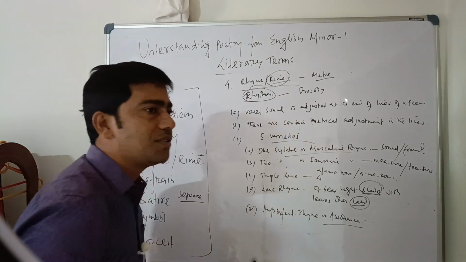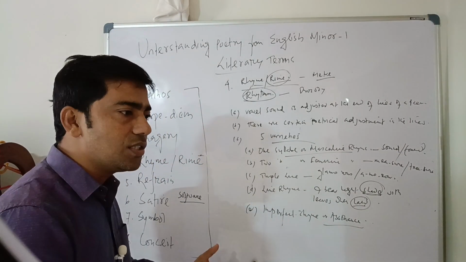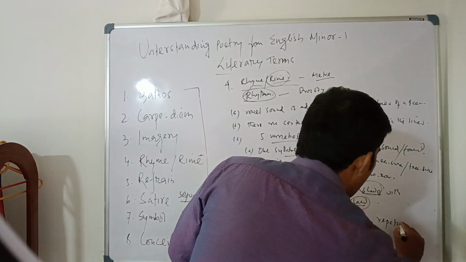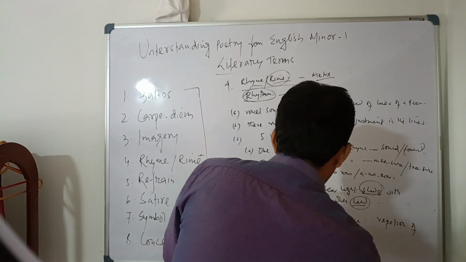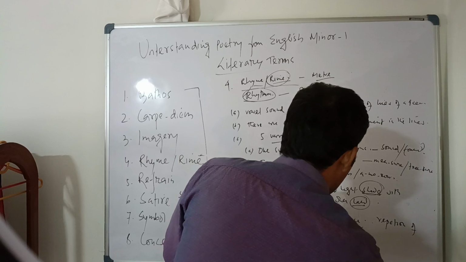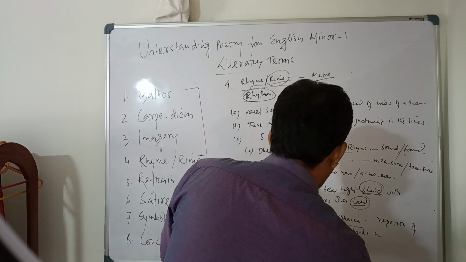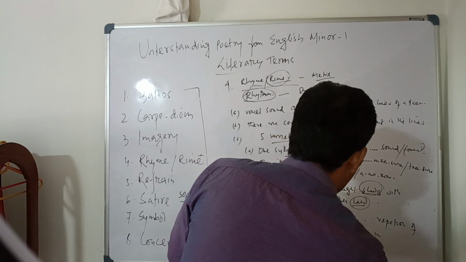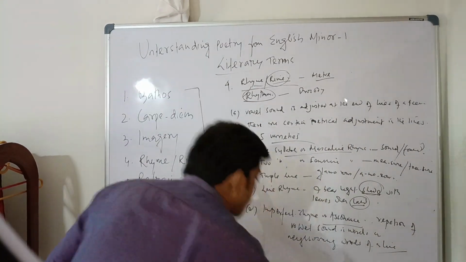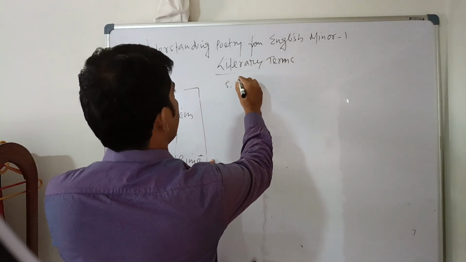You have heard about assonance, the repetition of vowel sound in words or the neighboring words of a line. That is called assonance. All right. So let's move into the fifth, of this refrain.